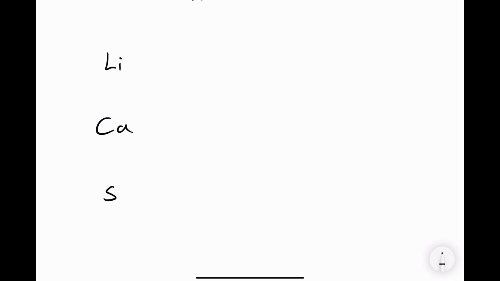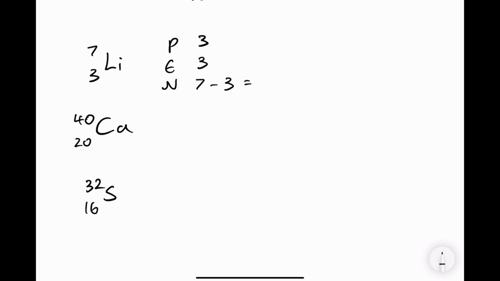So if we find the atomic number and the mass number of these three atoms from the periodic table, lithium is 3, 7, calcium is 20, 40, and sulfur is 16, 32, which means that lithium has 3 protons, 3 electrons, and 7 take away 3 is 4 neutrons.